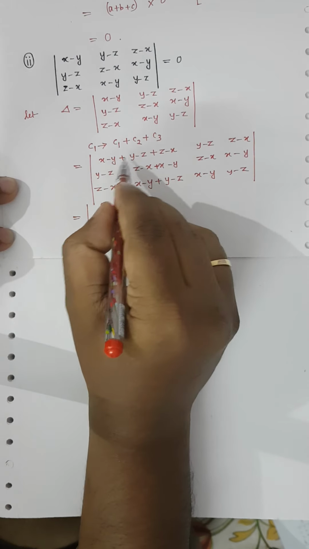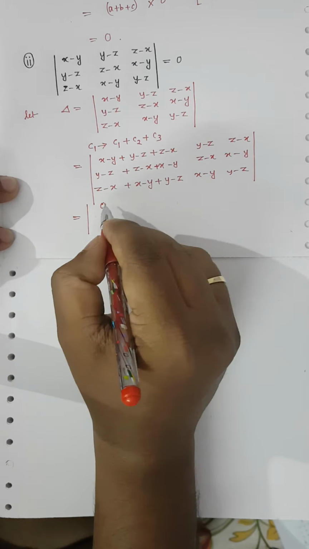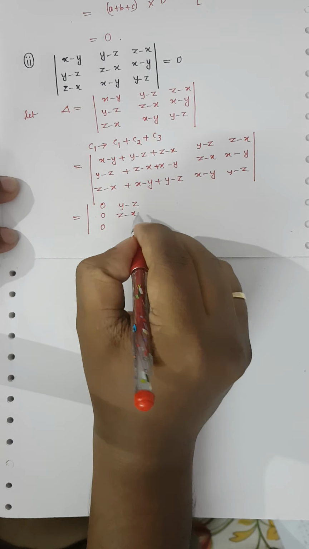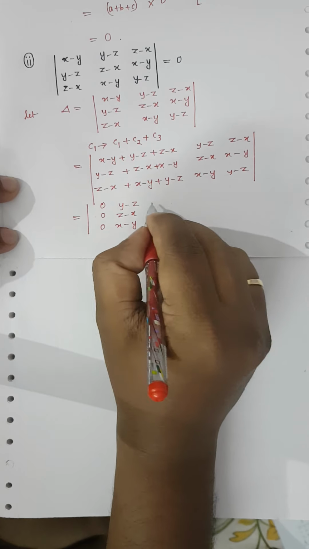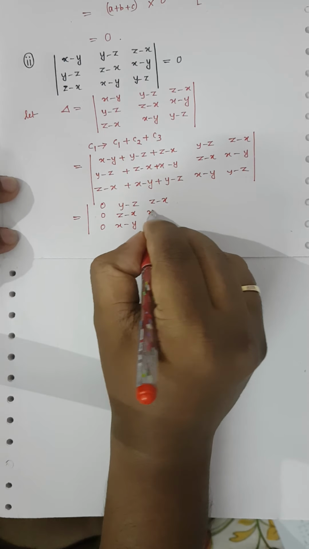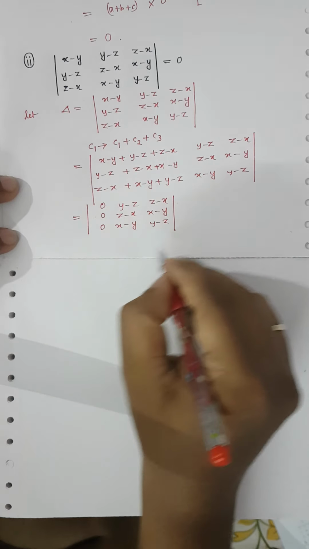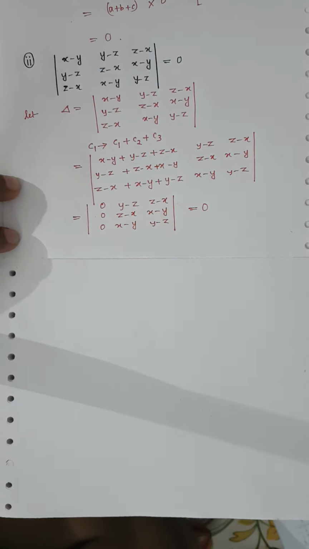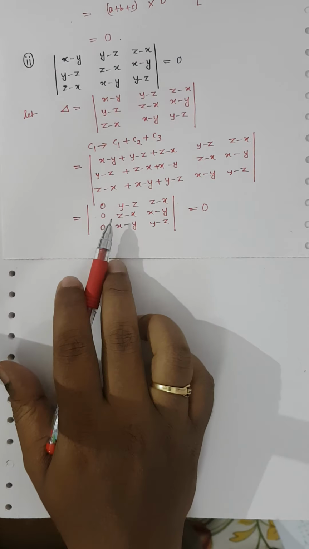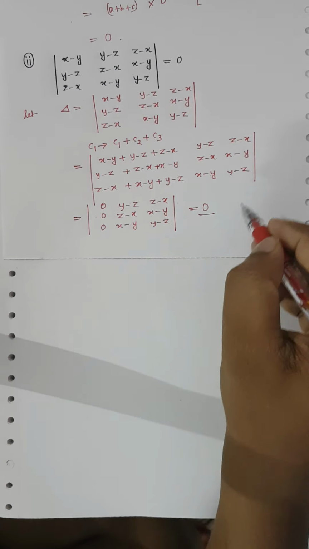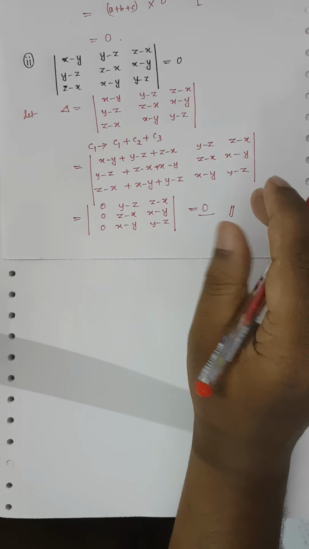See, all the elements are cancelling each other. So it is 0, 0, 0, y minus z, z minus x, x minus y, z minus x, x minus y, y minus z. So the value of the determinant will be equal to 0 because all the elements of column 1 are equal to 0. Therefore, the value will be equal to 0. So, this is the required proof.